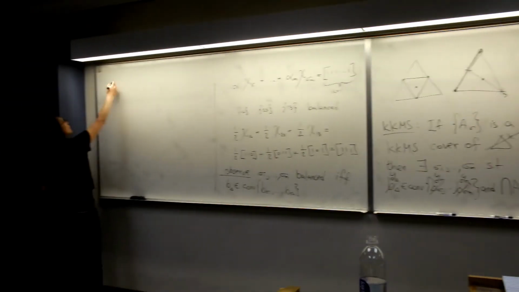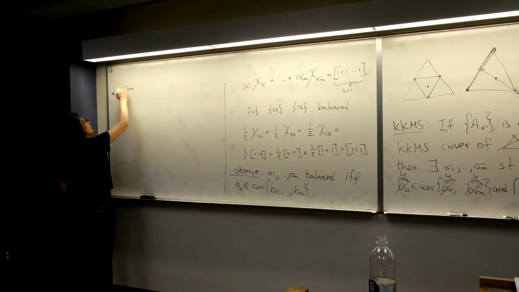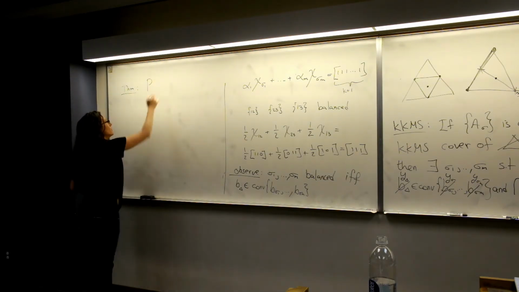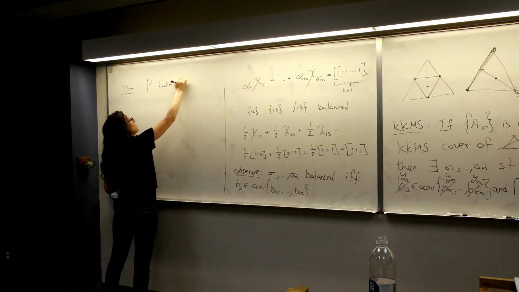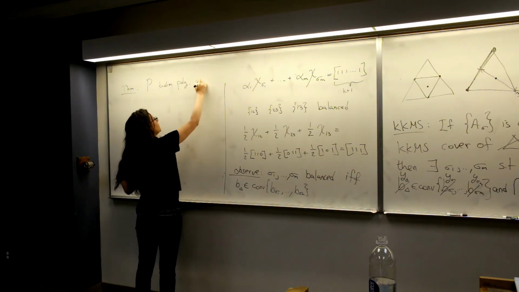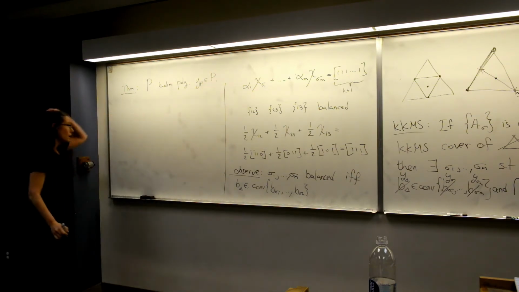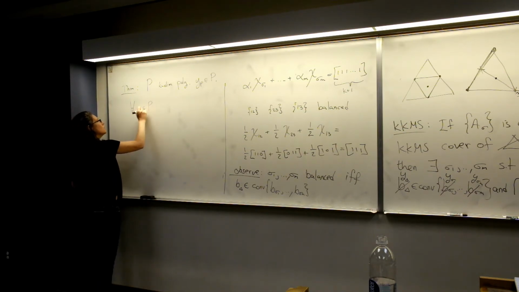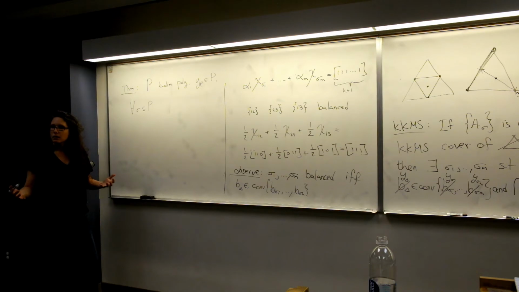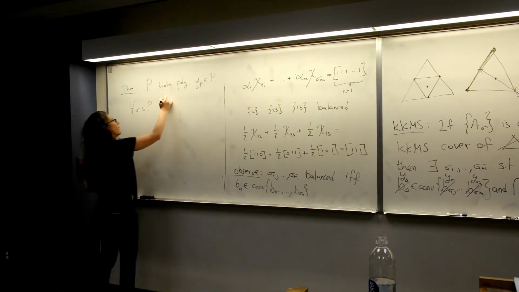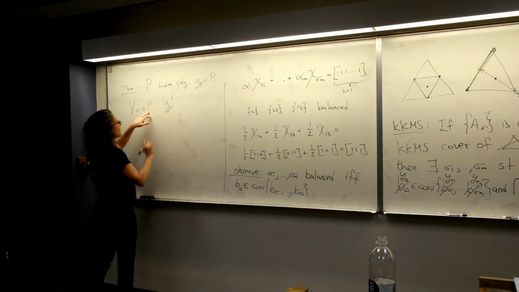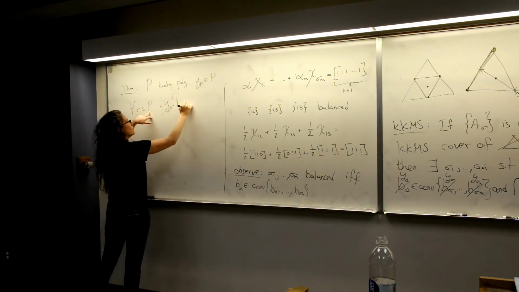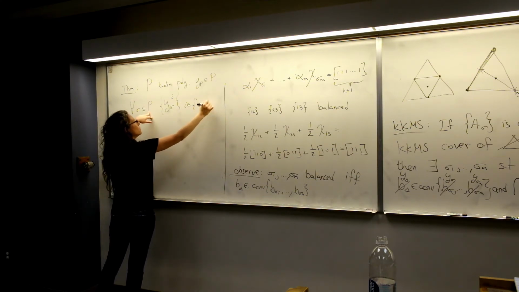So now we start with, again, P a k-dimensional polytope. And we choose some y P, again, in P. Okay. So now, for every proper face sigma of P, we choose k plus 1 points y sigma i. Okay, so the i is indexed by 1 to k plus 1.